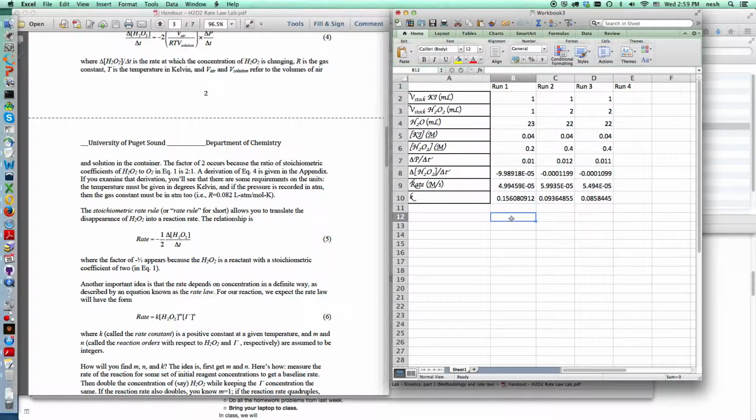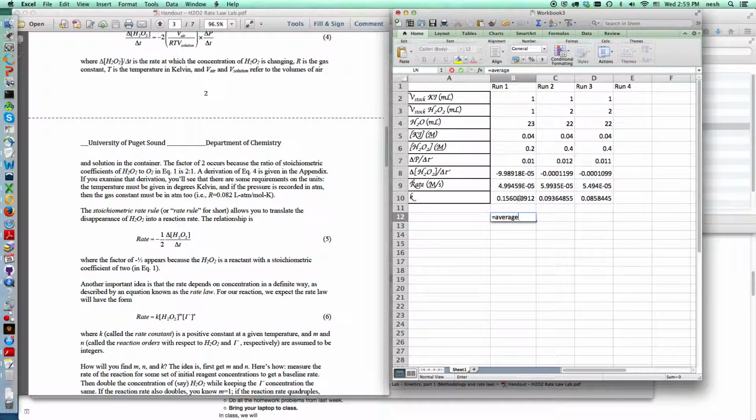I want to say that's equal to the word average. Okay, and you need to open the parentheses as I've done here, so this is finishing up here.